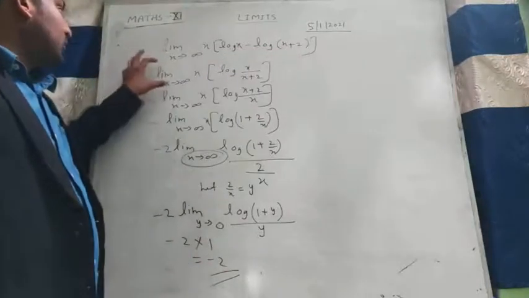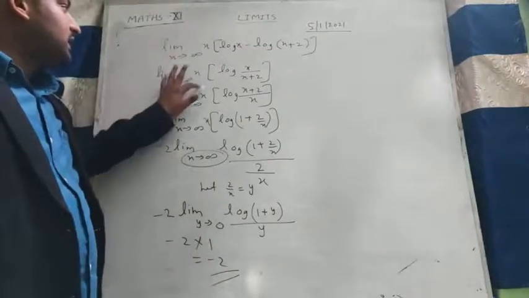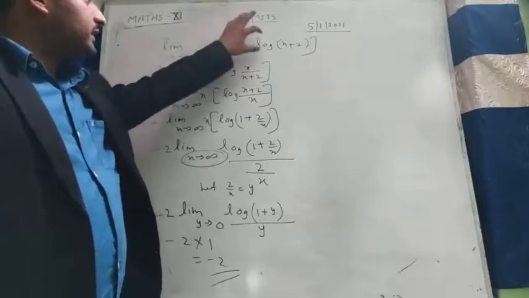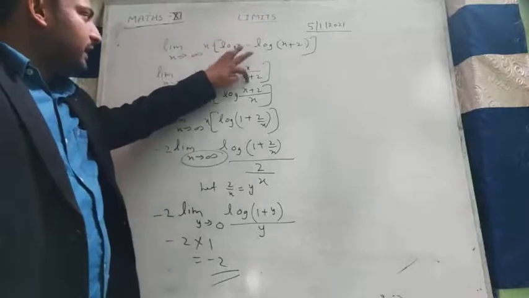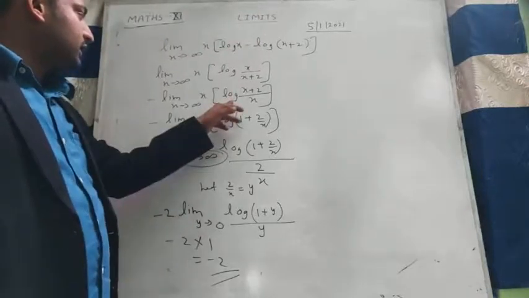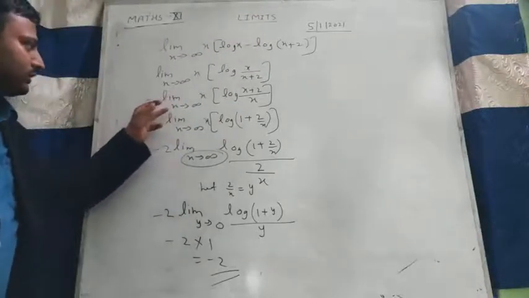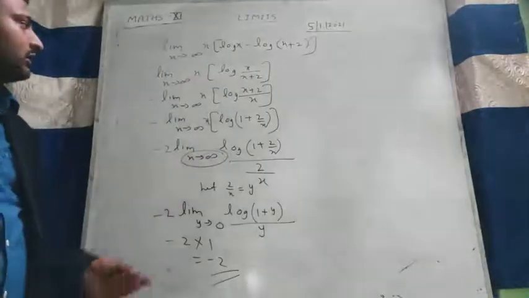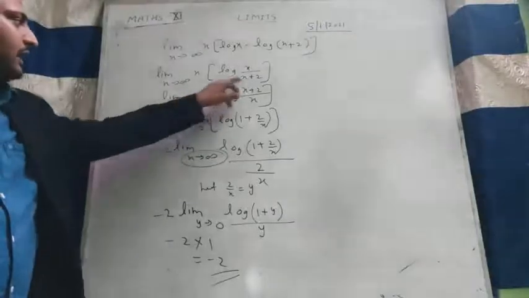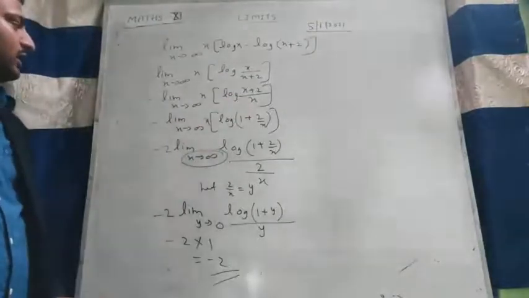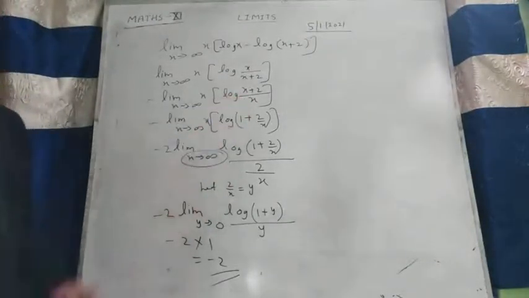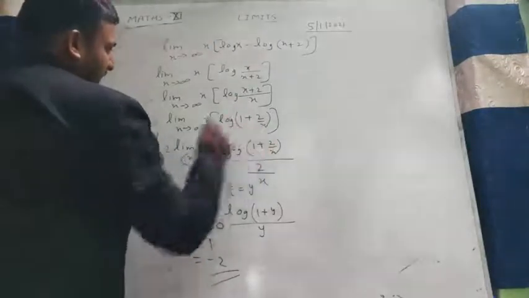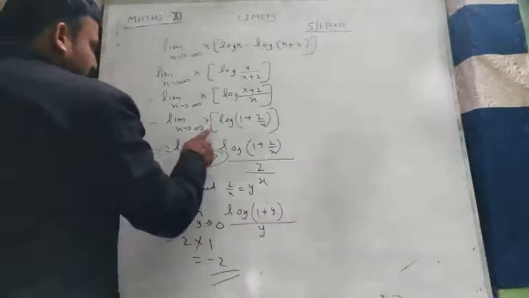Here we have log m minus log n, so we can write log m by n. When we take the negative sign outside, we change the denominator into numerator and numerator into denominator, so x log of x plus 2 by x. Now we take x common from both terms, then we get 1 plus 2 by x.